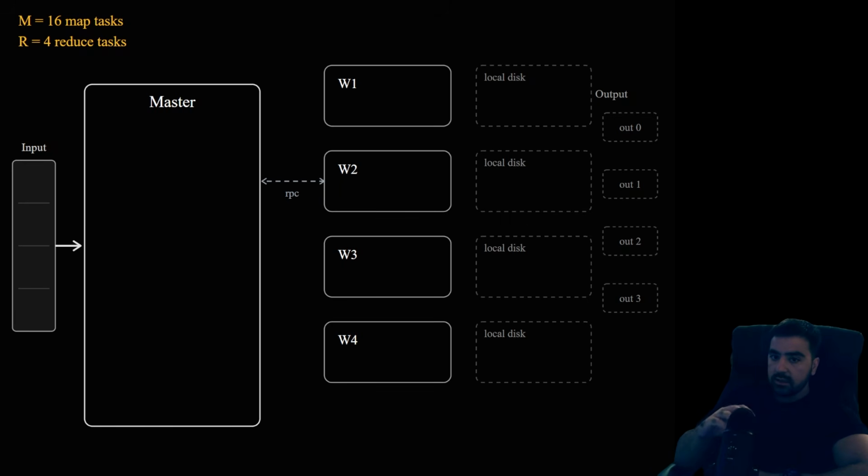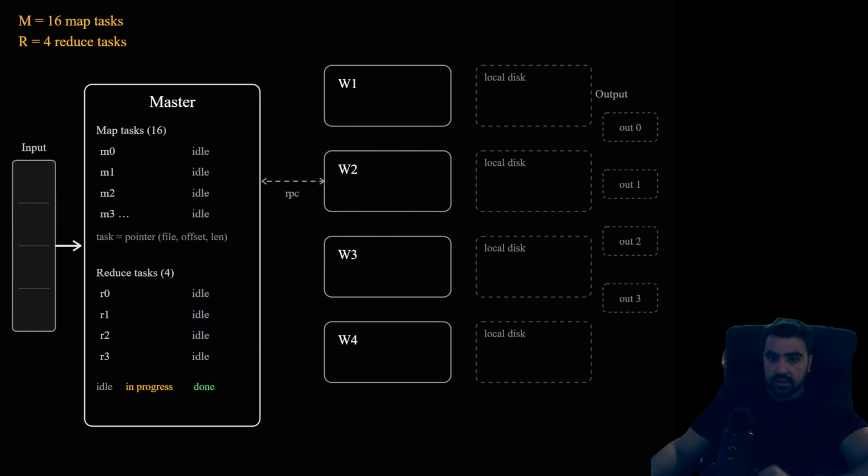Next, we want to feed our input files into the master, because the master is the starting point where it defines those map and reduce tasks, stores them in a state, and then schedules them on the workers. Let's say in this case we have a list of 4 input files that we feed into the master. Then the master process is going to create the map and reduce tasks from the input files based on the variables M and R that we specified.